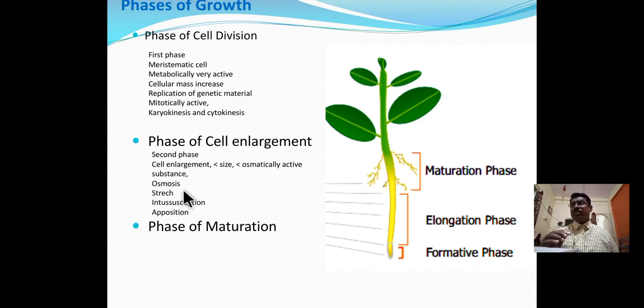Cell enlargement due to vacuolation is governed by osmosis. The higher osmotic pressure is responsible for an increase in turgor pressure, due to which the cell wall gets stretched.